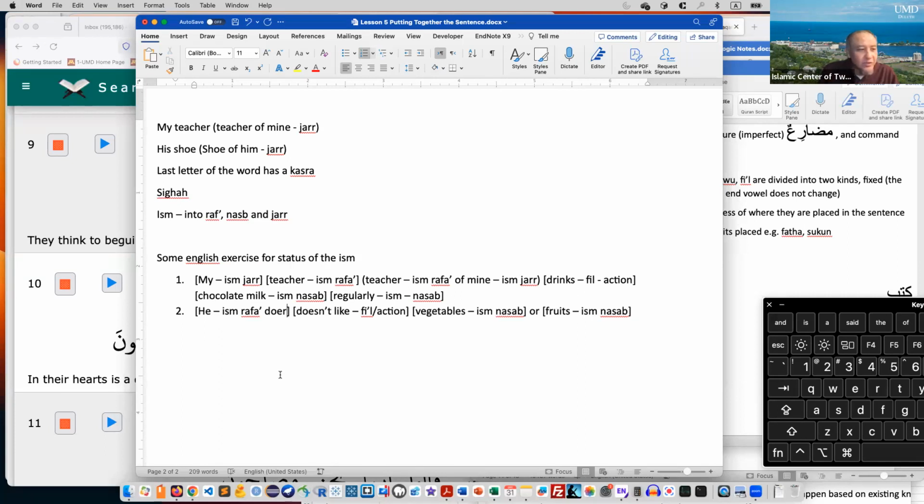So let's do one with a jar in it. We did this jar already, but another jar. Okay, we are studying Arabic in the class.